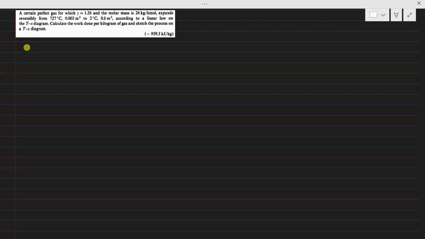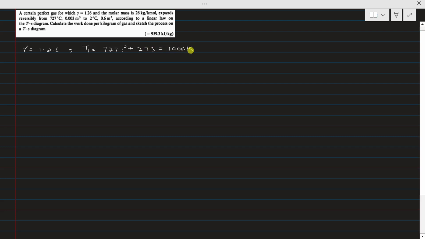So first, the gamma that is provided is 1.26. Next is the temperature T1 that is given, 727 centigrade. Convert that into Kelvin, so it becomes 1000 Kelvin.